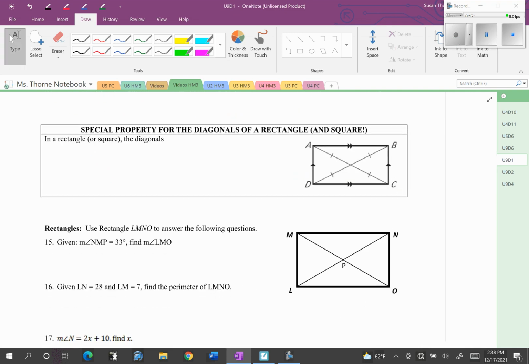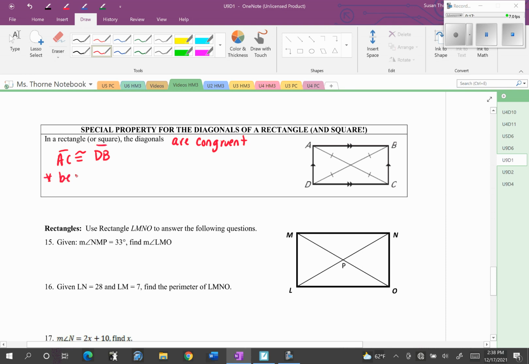All right. Special property for the diagonals of a rectangle and a square. In a rectangle or square, the diagonals are congruent. So AC is congruent to DB.